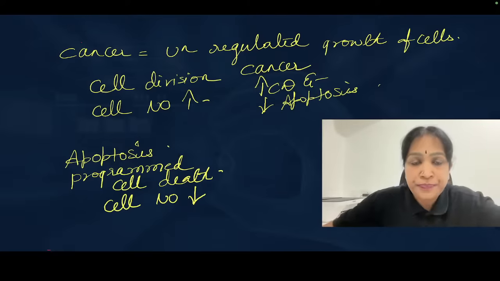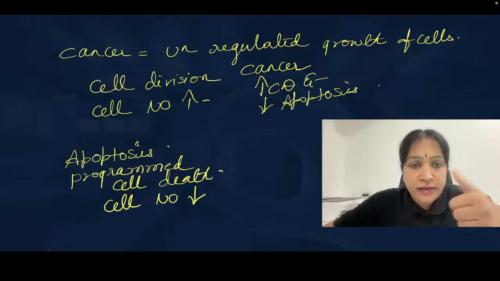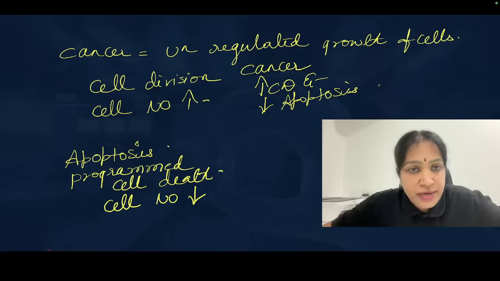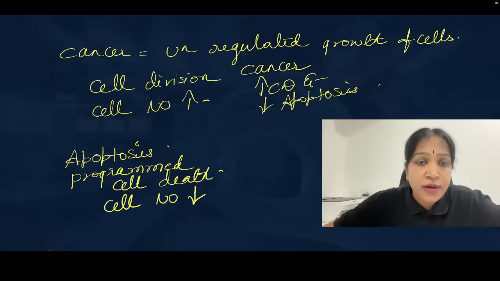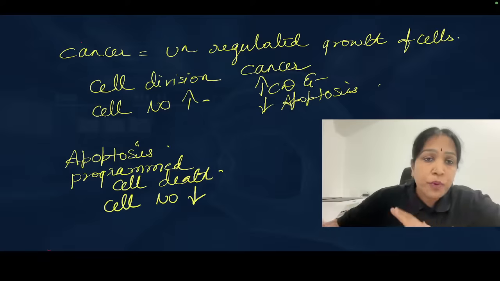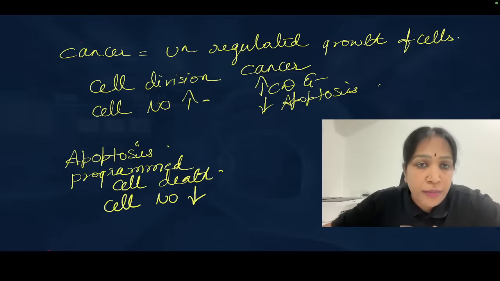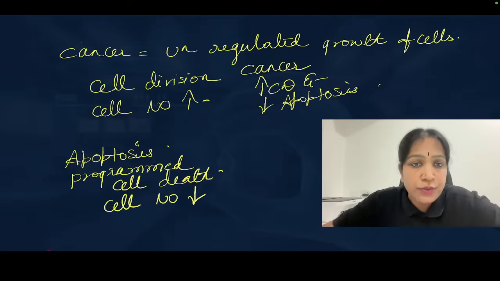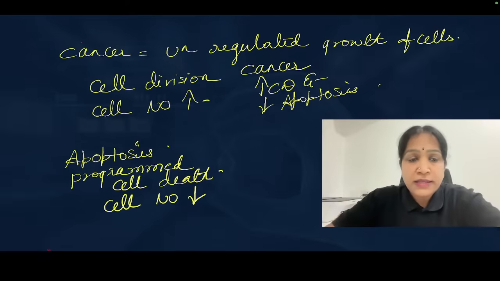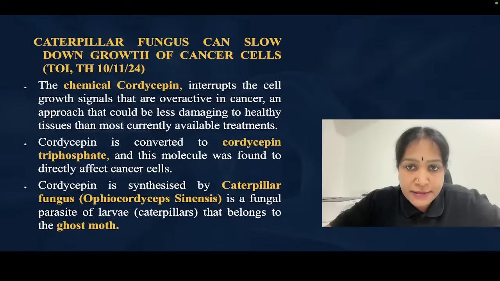So logically, when does the cell number increase? When the cell division increases or the cells do not die, the death is not happening properly. In both the cases, the number of cells in our body increase, so that leads to cancer. This is a little bit of background about what is cancer.